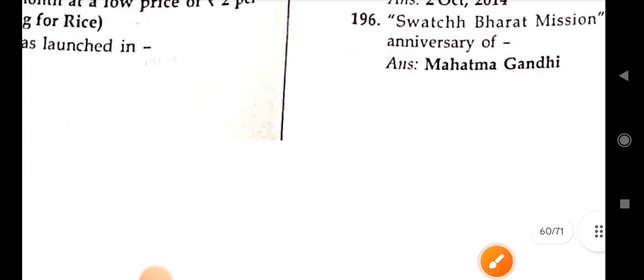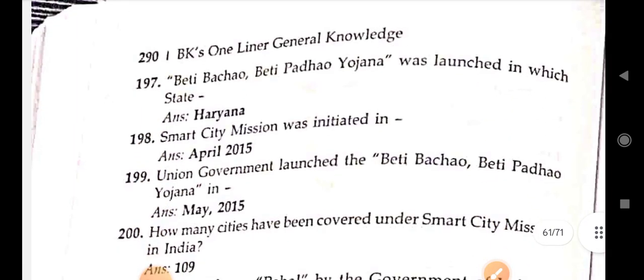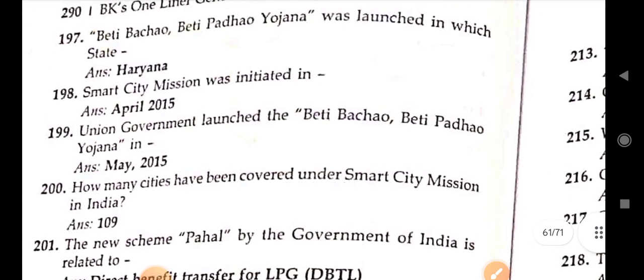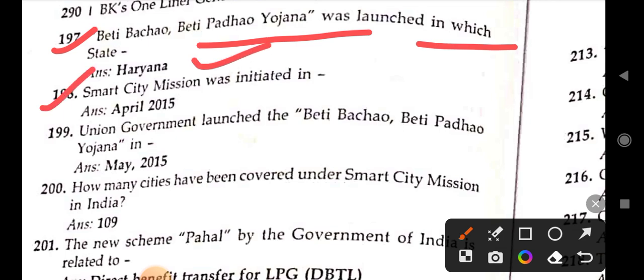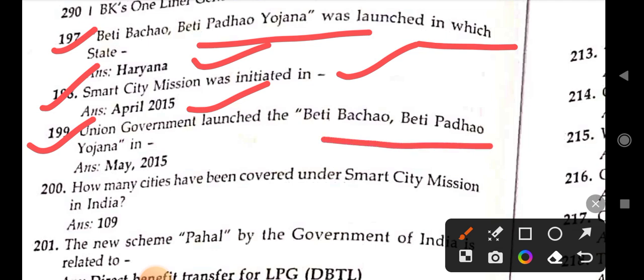Next, the Beti Bachao Beti Padhao Yojana was launched in which state? Haryana. Smart City Mission was initiated in April 2015. The Union government launched Beti Bachao Beti Padhao Yojana in May 2015.